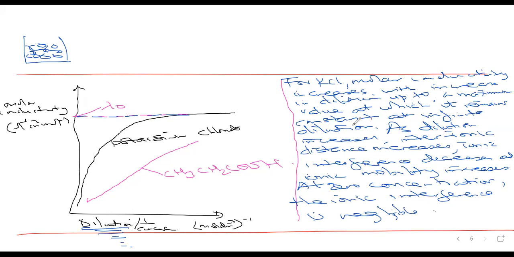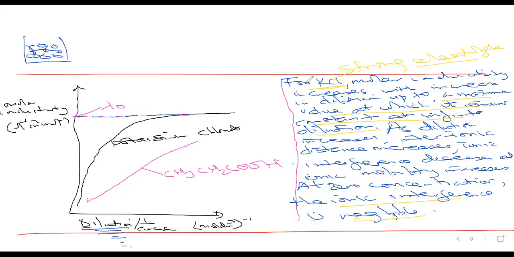That explains why we have a maximum value which remains constant at infinite dilution: the ionic interference at that value is negligible. So in both cases, molar conductivity at infinite dilution is obtained by extrapolation. However, there's something I forget. Don't continue forgetting it: mention that this is a strong electrolyte in your explanation as you begin explaining.